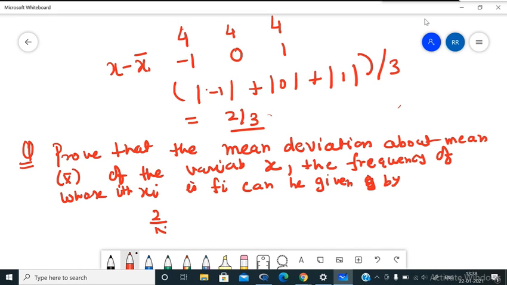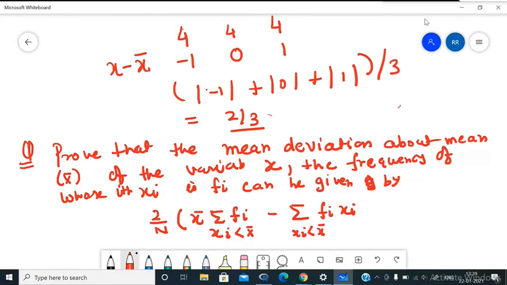2/n times x bar summation fi when xi less than x bar, minus summation fi xi when xi less than x bar.